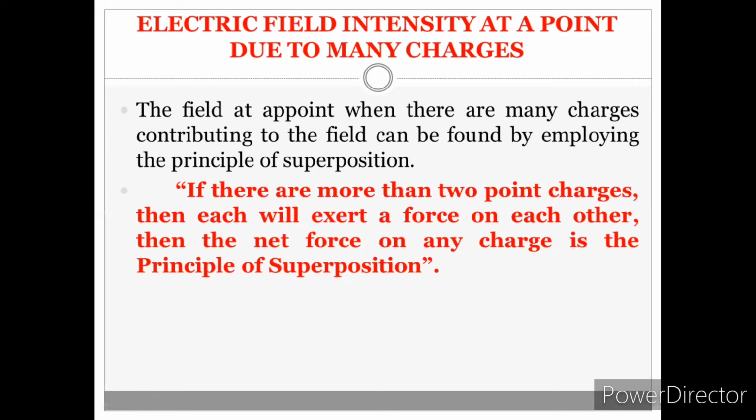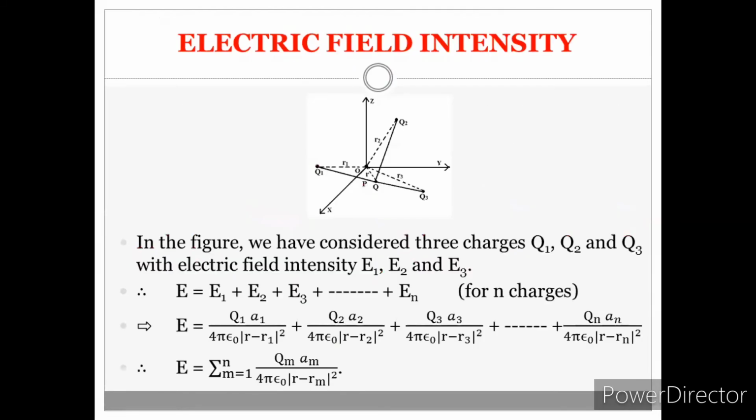As we already know, each charge is surrounded by its field of energy. So when they come together, they experience a certain force there. And the net force experienced is called the principle of superposition. We can see here a reference charge Q, and Q1, Q2, Q3 are the other charges coming nearer to the charge Q, with respective distances R1 for Q1, R2 for Q2, and R3 for Q3, and R the distance of the reference charge Q from the origin.